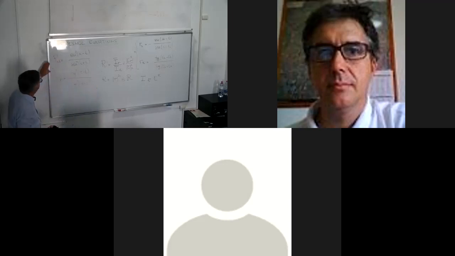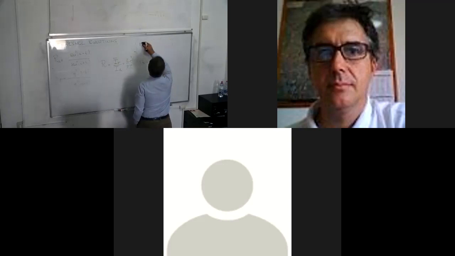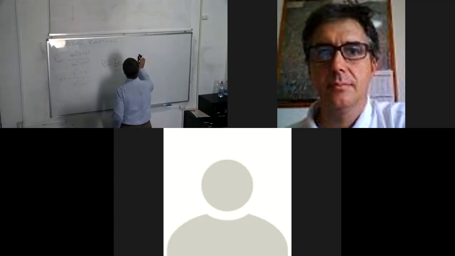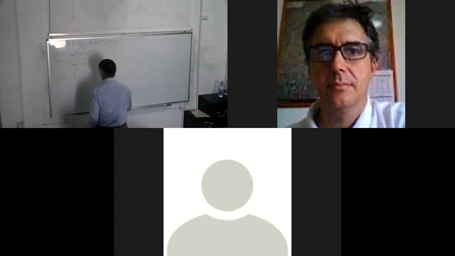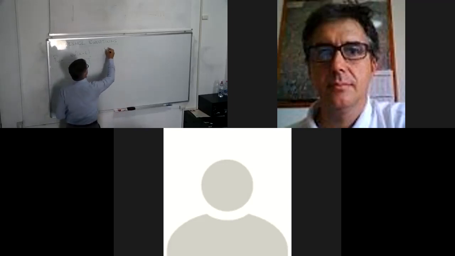These are the two intensity reflection coefficients. Okay? Now, of course, always remember that I and T are related by the Snell law.